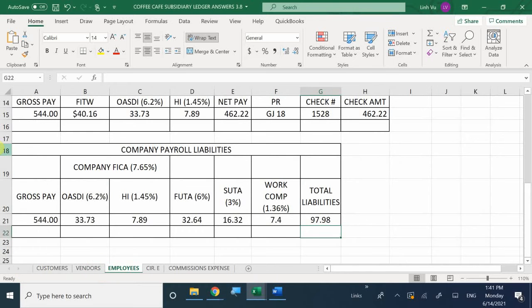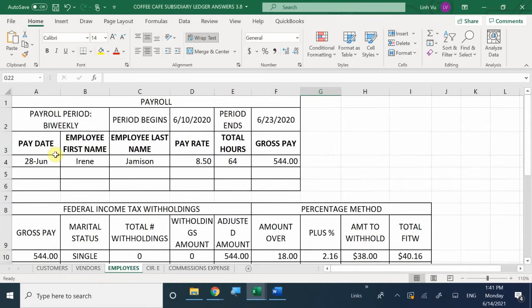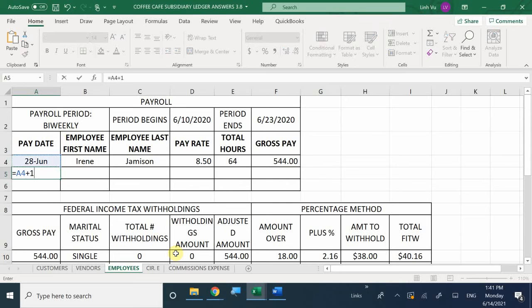When is she supposed to be paid? What's 2 weeks from now? The 23rd. Two weeks from now, because we paid them on the 28th.